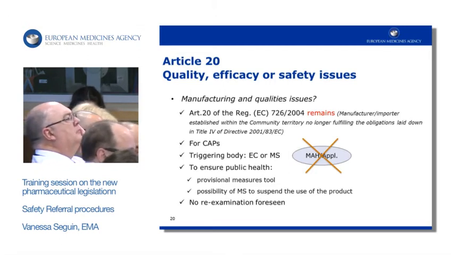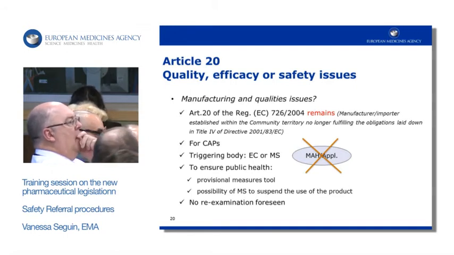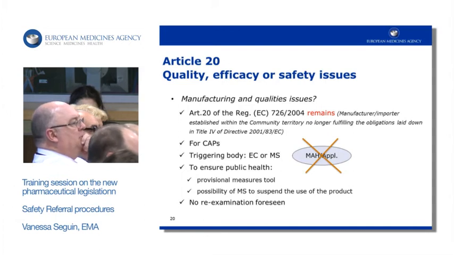So to ensure public health, in that case, there are also tools, which are the provisional measure tool and the possibility of the Member State to suspend the use of the product. And for Article 20, the legal basis is that no re-examination is foreseen. So that is related to quality and manufacturing issues.